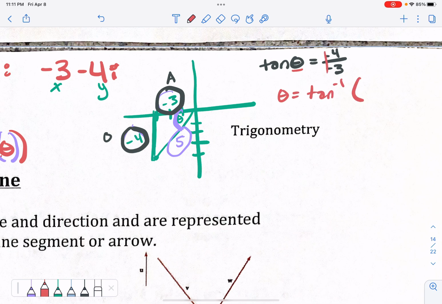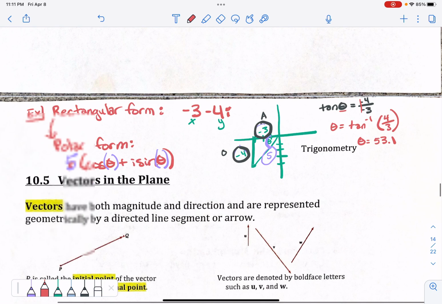And I'm going to cross those negatives out so it's less for me to type in. I can just reduce those. And our angle theta is going to be the inverse tangent of 4/3, which, give me a second, 4/3, and inverse tangent, and that is 53.1 degrees, and that is how that works.